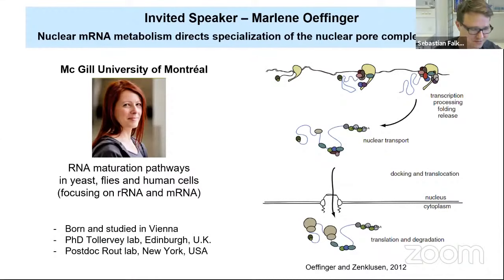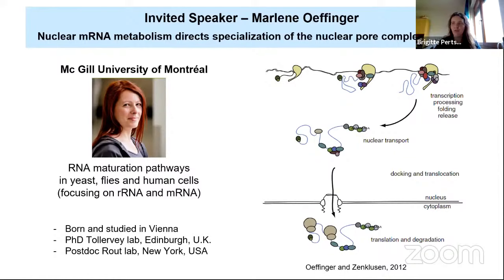plenary lecture. So we are very happy that we have secured the great speaker, Marlene Oeffinger, from McGill University in Montreal. And she is working on different RNA maturation pathways in yeast, flies, and in human cells. And her main focus is on ribosomal RNA and on messenger RNA.